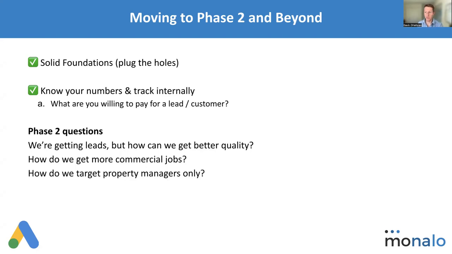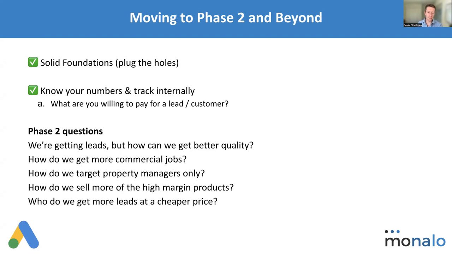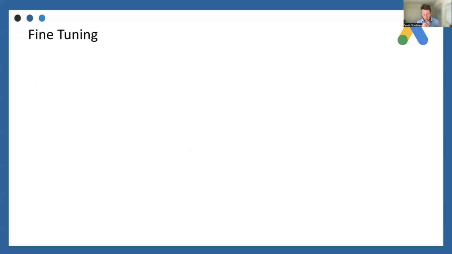How do we target a specific group of people, say property managers, and only those people? How do we sell more of our higher margin products? How do we get more leads at a cheaper price? This is when we move into more fine tuning of the campaigns and get more out of the system.